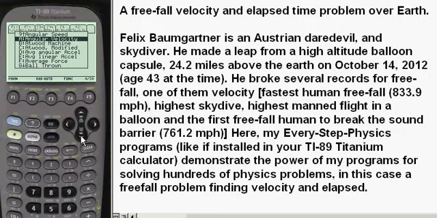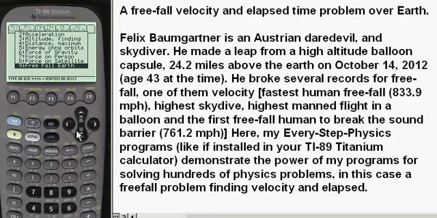I'm going to scroll down here to planets, because this deals with planets. To the P section. There's planets. And when they have an arrow here, it means that there's more in the menu.